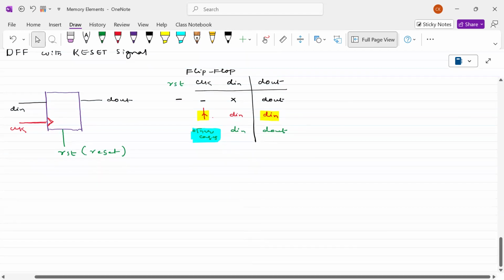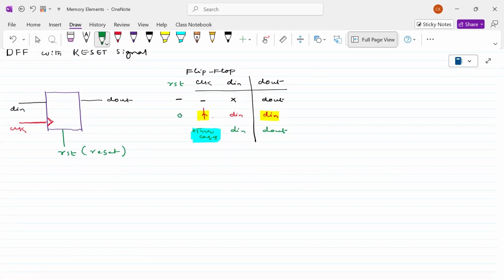Now, when you switch this on, you make RST equal to 0. Whatever the clock signal, whether it is a positive edge, a negative edge, or high level, low level, it doesn't matter. And whatever the value of DN, any changes of DN also, the value of this is 0.